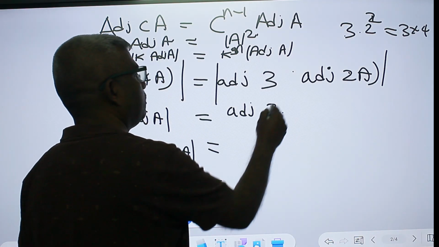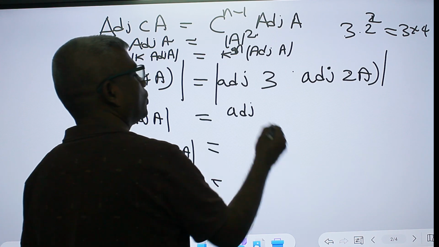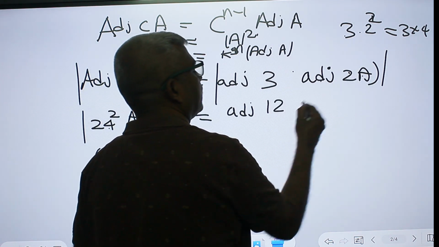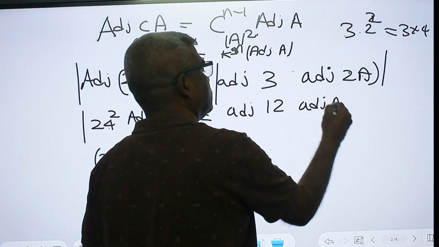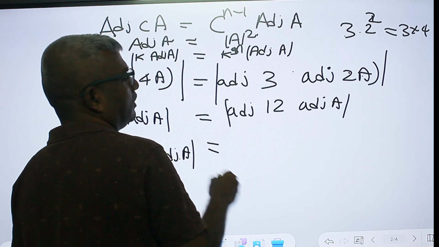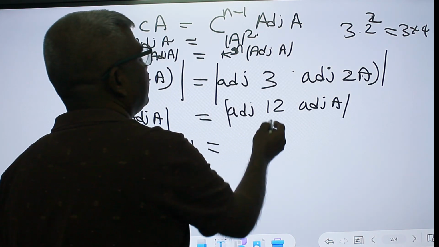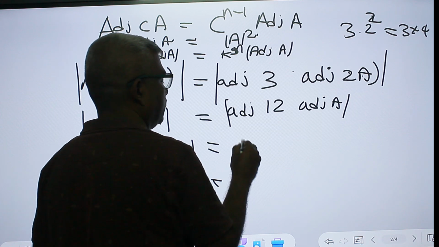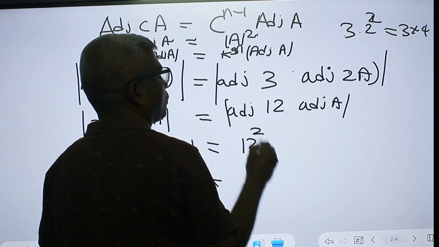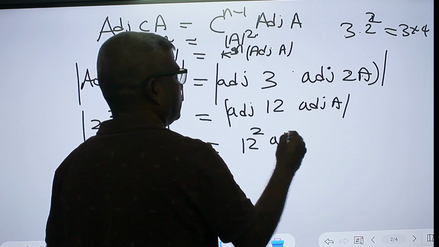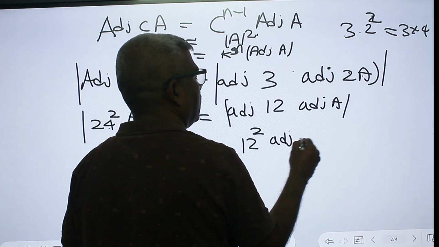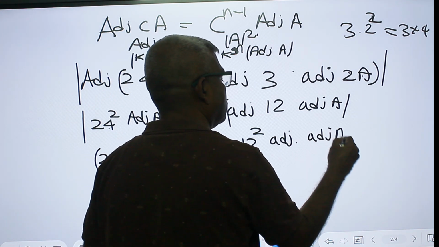I reduce one step. This will be 12. Then adjoint A. Then this 12 I am taking out. What will happen? 12 squared adjoint A.